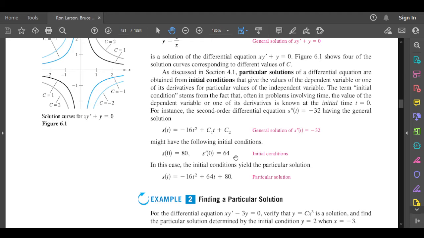Okay, so given the initial values, we obtain the values of C1 and C2. We get that C1 is equal to 64 and C2 is equal to 80. So this is now a particular solution of this differential equation. This is the given differential equation. This one is the general solution because we do not yet have the values for the constants C1 and C2.